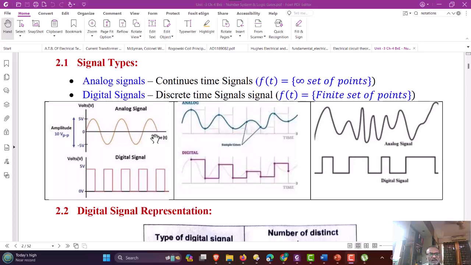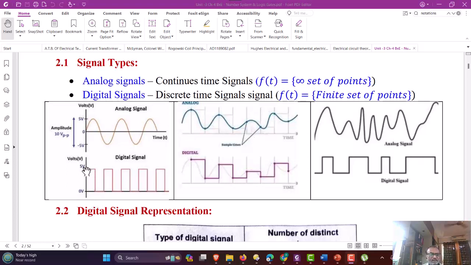The analog signal and digital signal can be repetitive or non-repetitive. Here in this figure, the sinusoidal signal is repetitive and it repeats with a specific time period. Whereas if you see the digital signal, it has only discrete values.